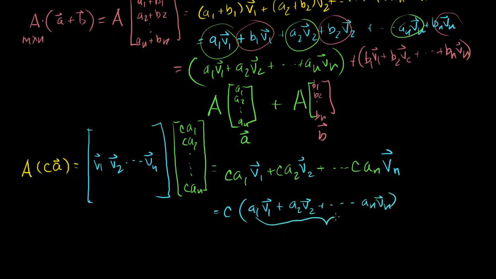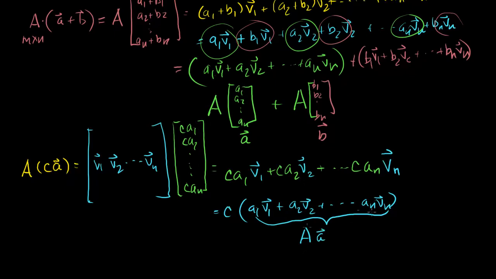And what is this thing equal to? Well, that's just our matrix A times our vector, my matrix uppercase A times my vector lowercase a, where the lowercase a is just this thing right here, a1, a2, and so forth.